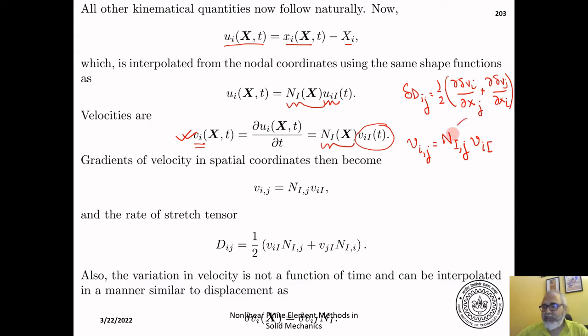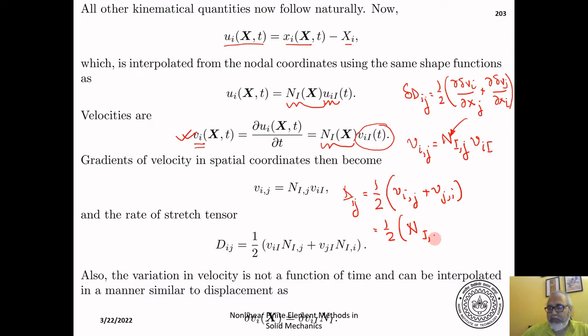And here you have to remember that these are derivatives with respect to the spatial coordinates, and therefore dij would be half of vi comma j plus vj comma i, which is half of N I comma j vIi plus N I comma i vIj. So this is what dij would look like, and delta vi would be the same.